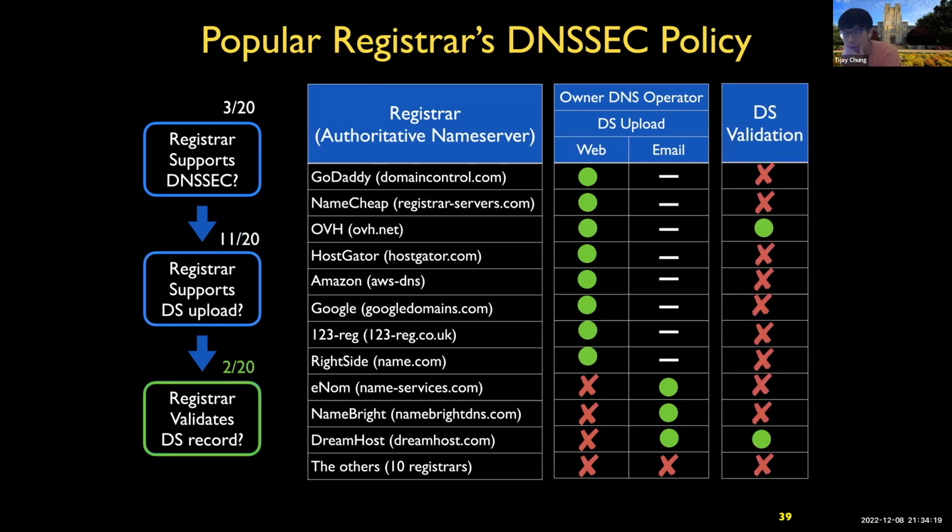And let's say, again, a DS record is just a long string. So there is a possibility that users might make a copy and paste error, copying the wrong DS record to the registrar.